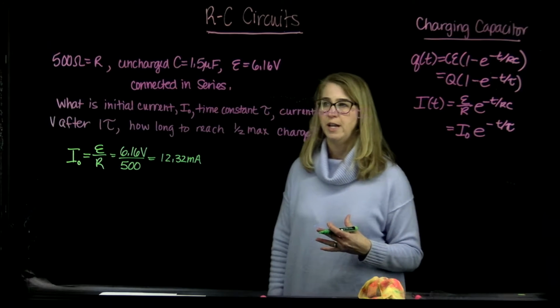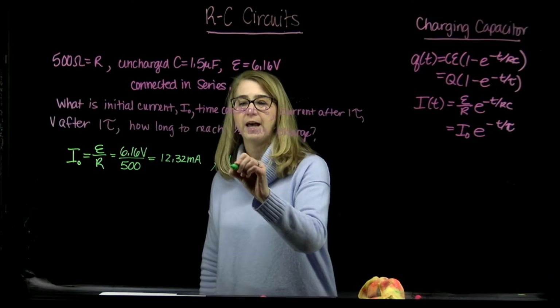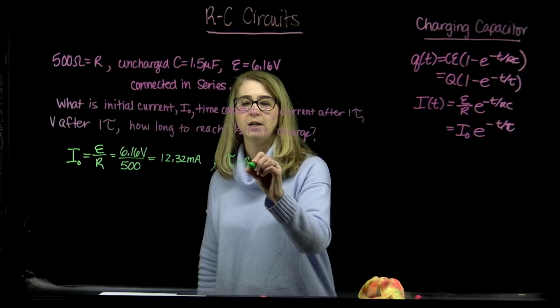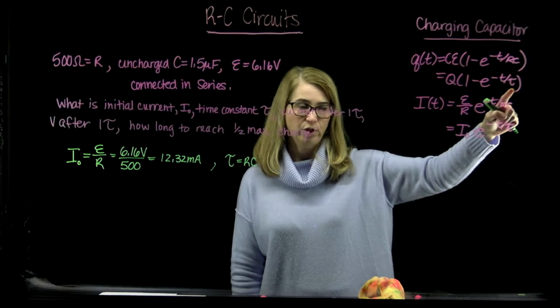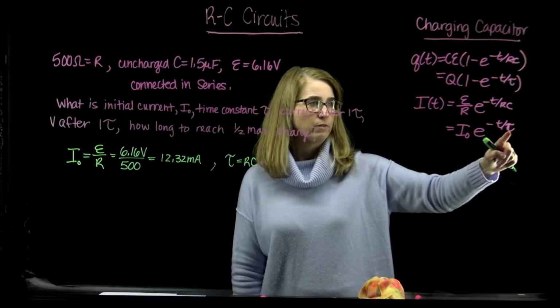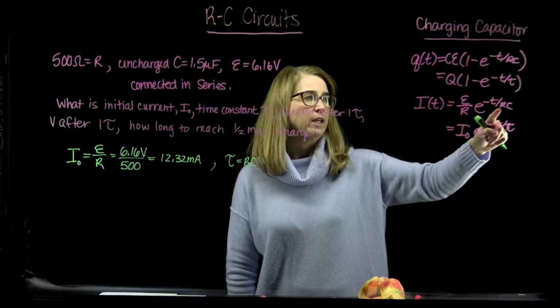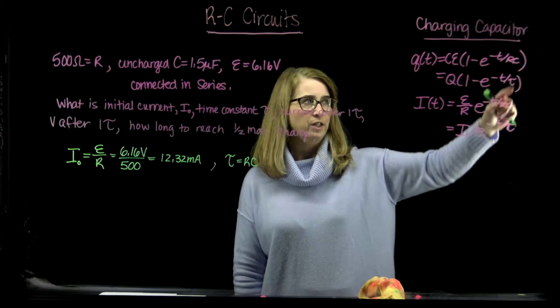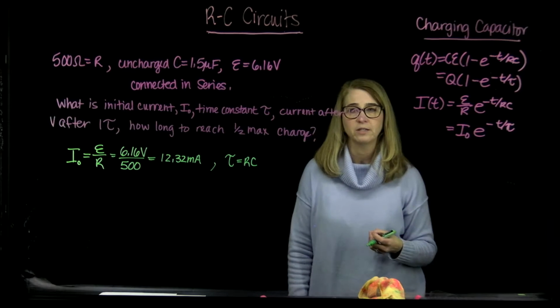The second question asks us to find the time constant. We use the letter tau to represent the time constant. You can see it in these equations, part of the exponent of e. And also you can see in the alternate expressions that I wrote, it's equal to the resistance times the capacitance.